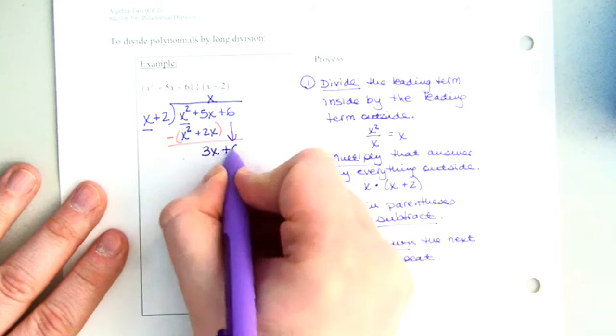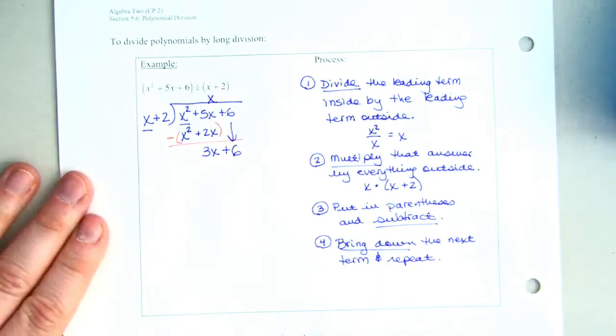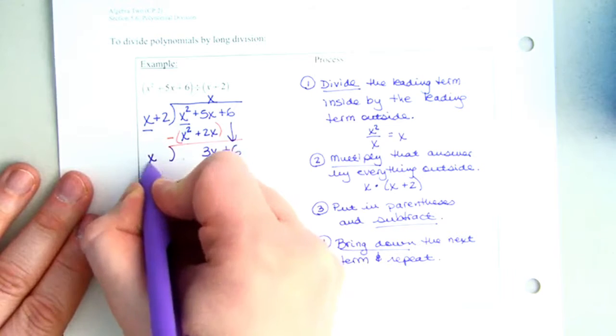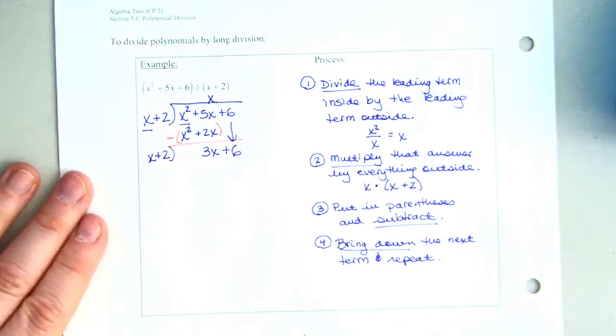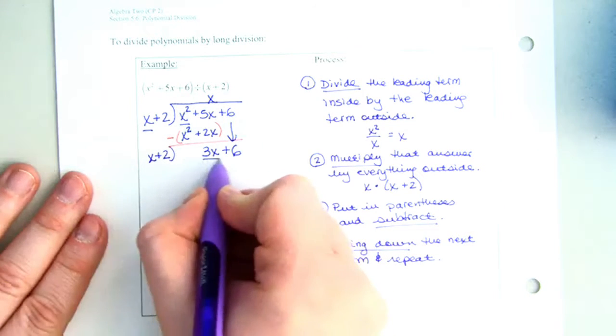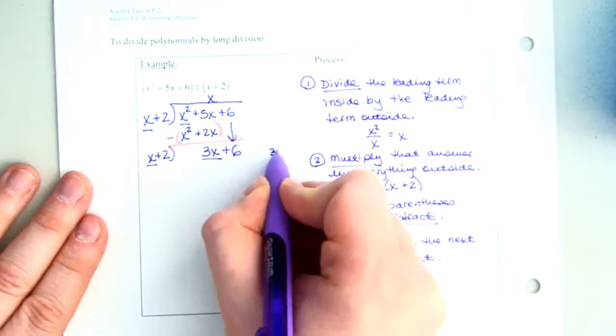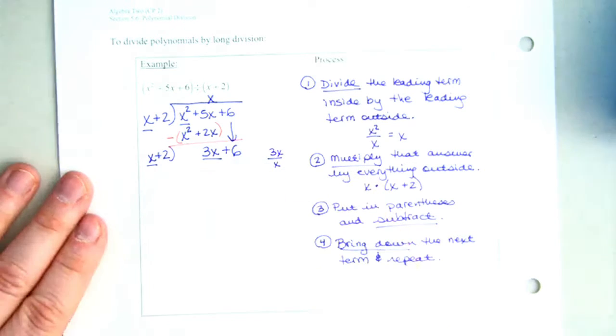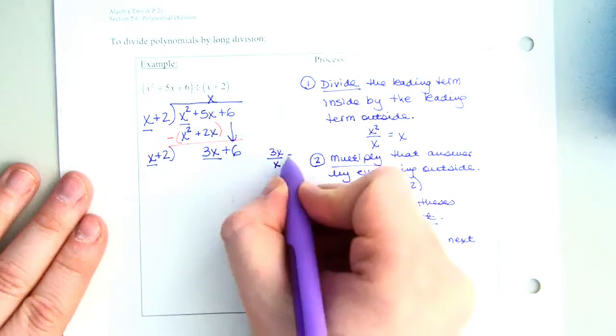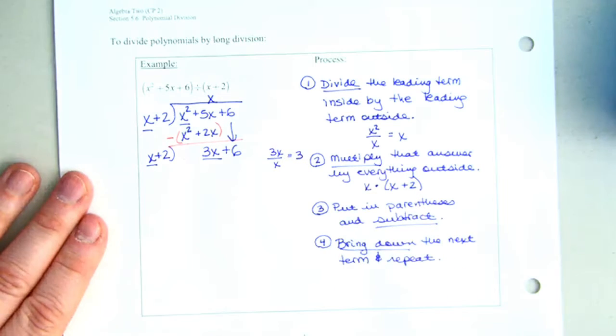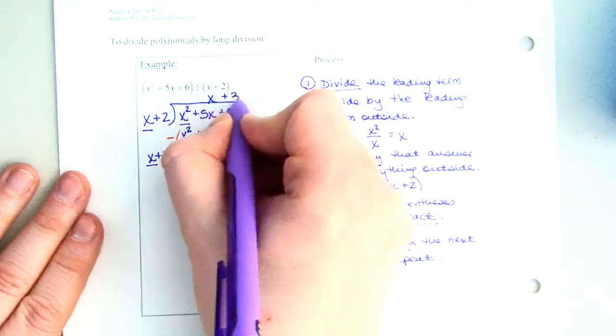I'm going to bring down the plus 6 and I'm going to start my division process again. I'm going to do 3x divided by x. 3x divided by x is 3. I'm going to stick a plus 3 up top.